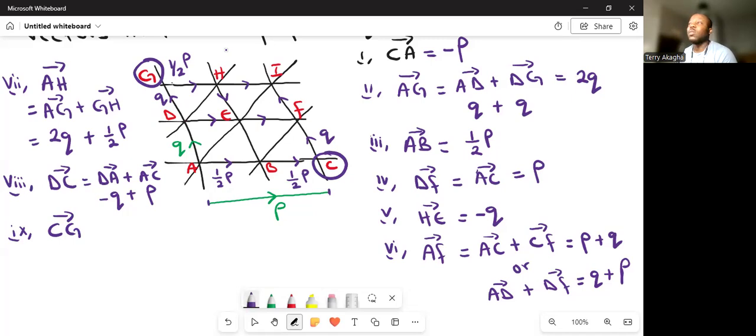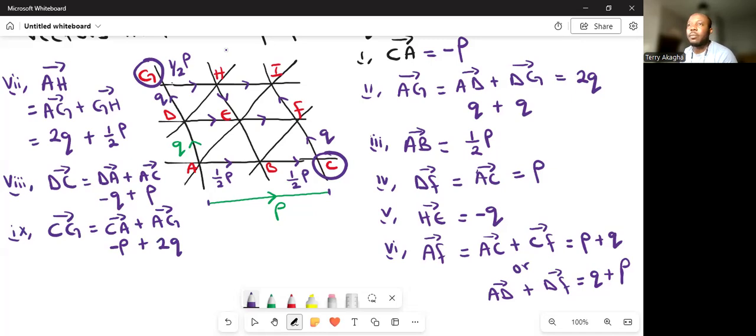But I'm going to use C to A, then I'm going to have A to G. You see me? So C to A is going to be P, right? But because I'm going in the opposite direction, because AC was P, CA is going to be minus P, plus AG is going to be 2Q. We talked about that already because it's AD and DG.